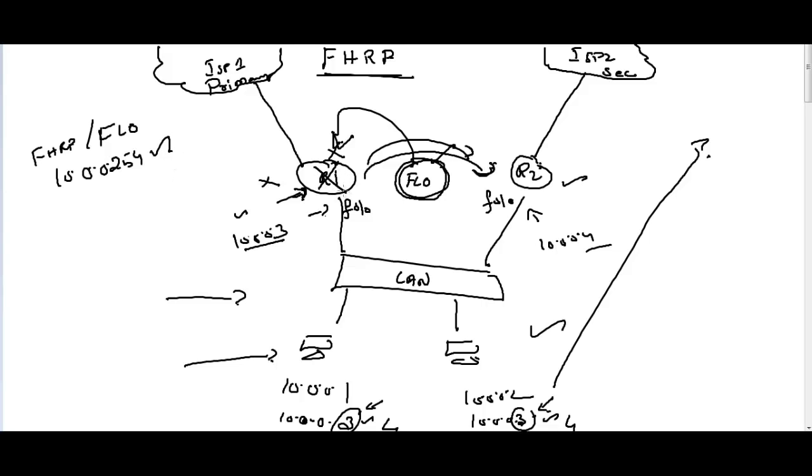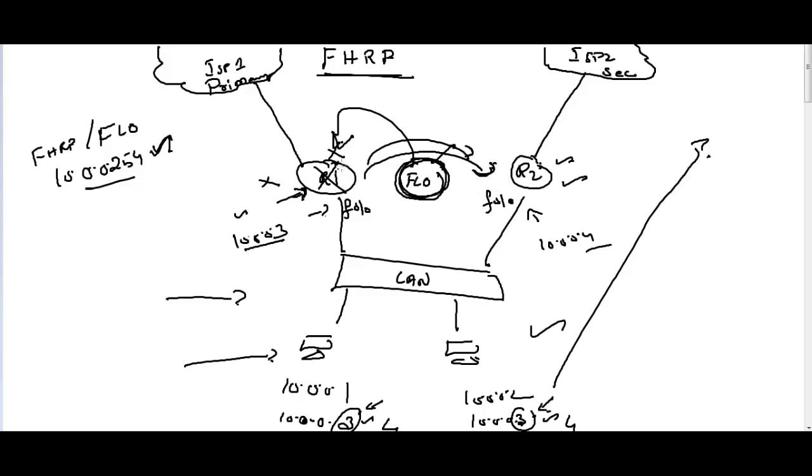When R1 fails, this address will be with R2. That's what I mean when I say floating router. This address gets swapped, or moved, or switched over between R1 and R2, which are our two gateways.